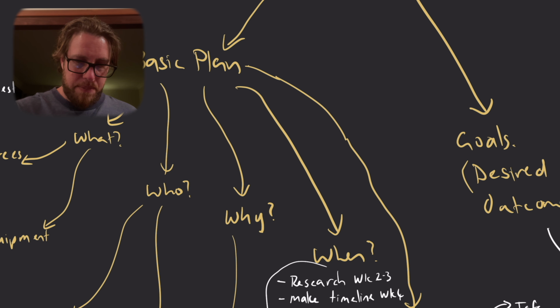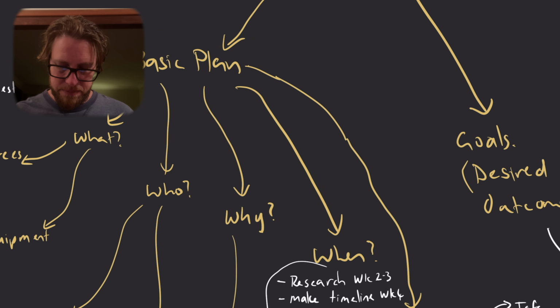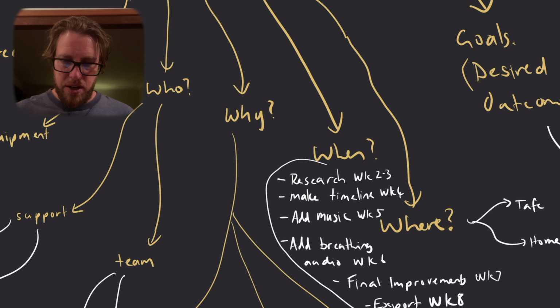Then also as part of the basic plan, we need to know when. So what we can do here is list down all the parts of the project that I'm going to do. So I've got research, that's an early part, and then I put a time when I think I'm going to get that done. So that might be done in week 2 or 3 of term.